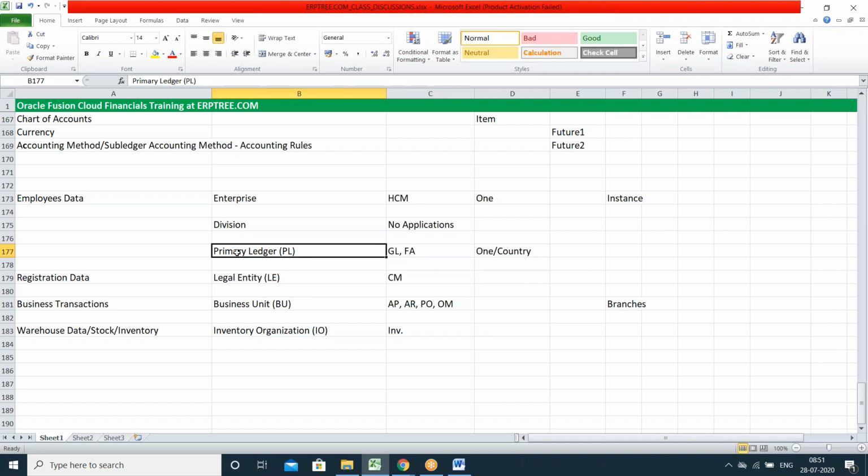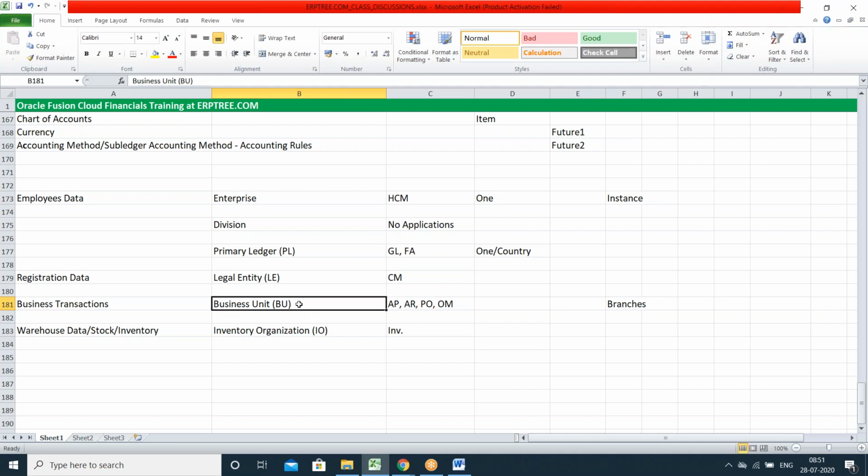And how many primary ledgers do we have to create? One primary ledger for one country. Legal entities: however many registrations the company has, those many legal entities we have to create. Business units: as a best practice, we always create based on how many branches and outlets the company has, those many business units you have to create in the system.